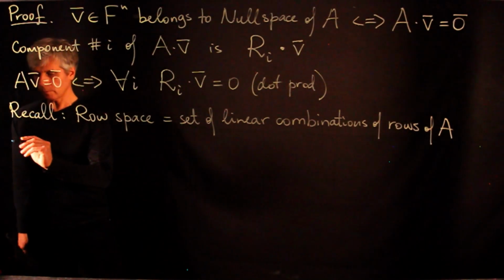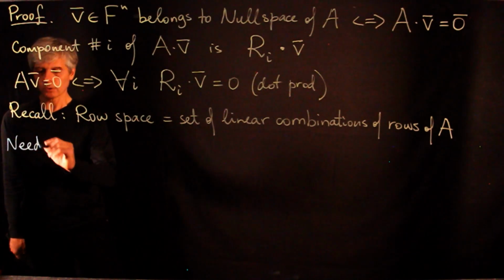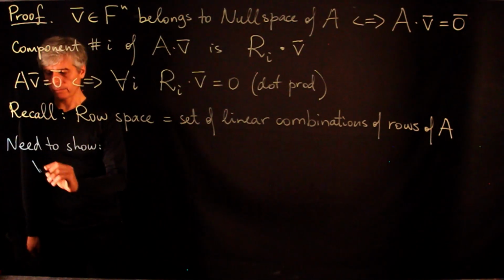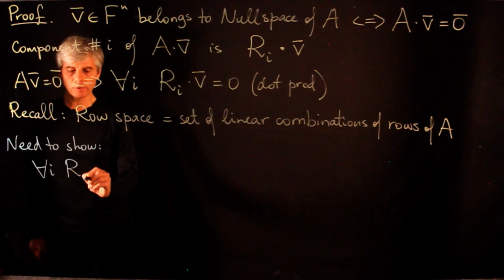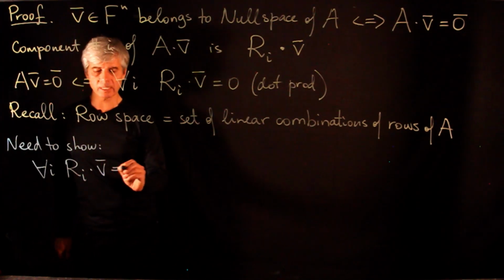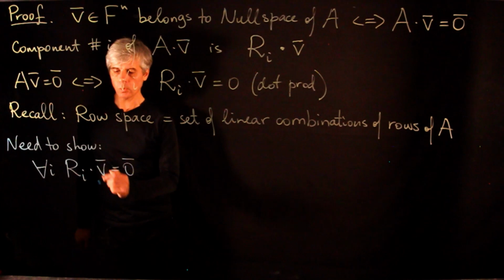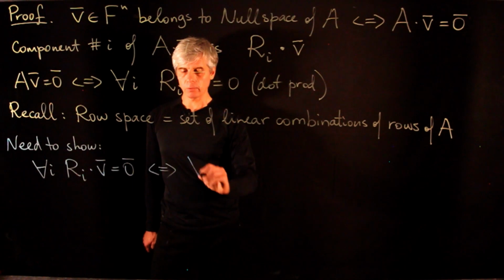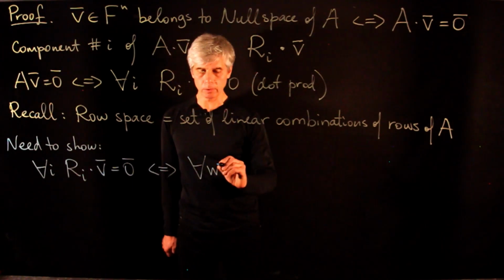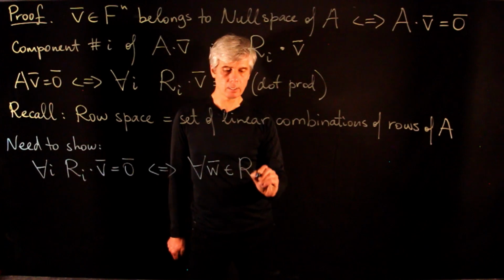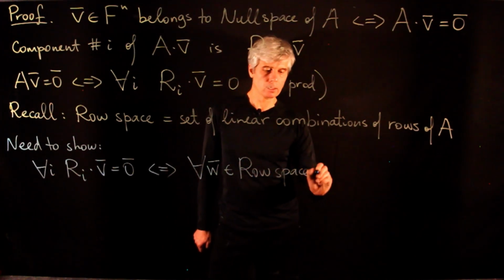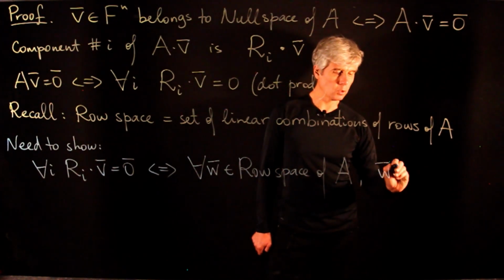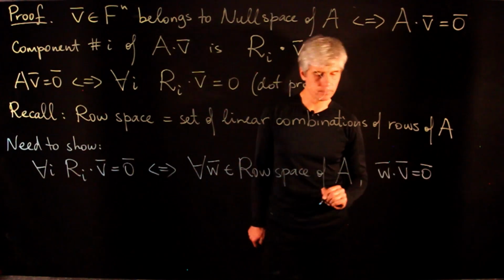So what remains to prove? What we need to show is the following fact: that the claim that a certain vector has dot product 0 with every row of a matrix is equivalent to saying that for every vector W in the row space of A, we have W dot product with v is equal to 0.